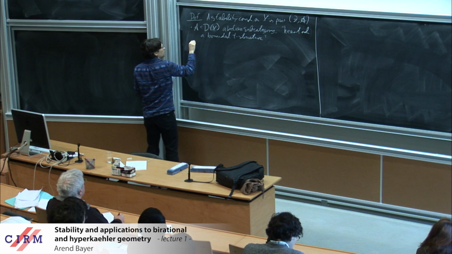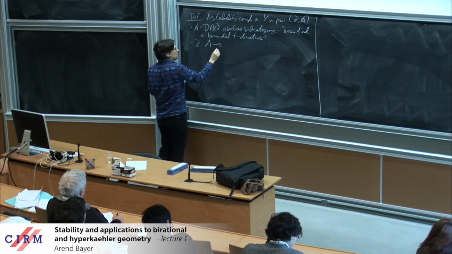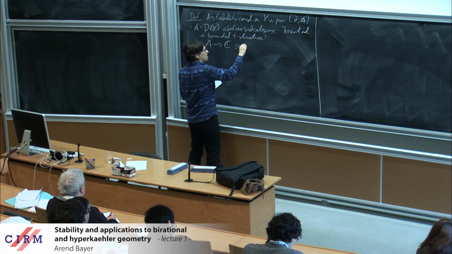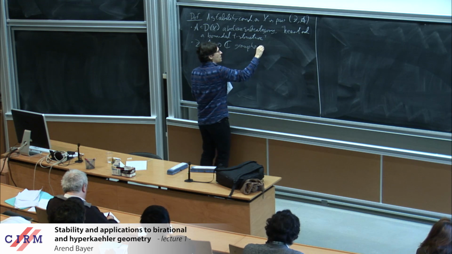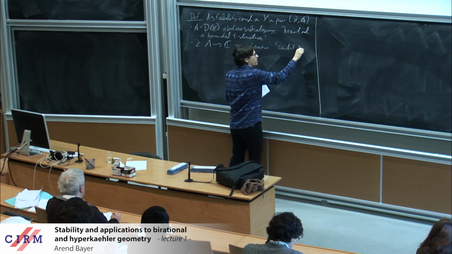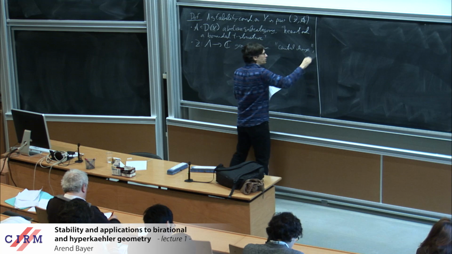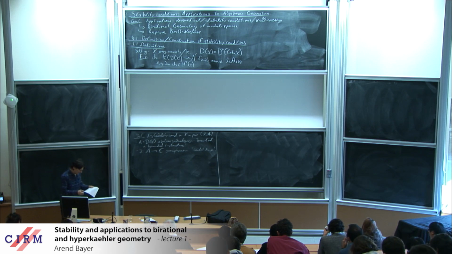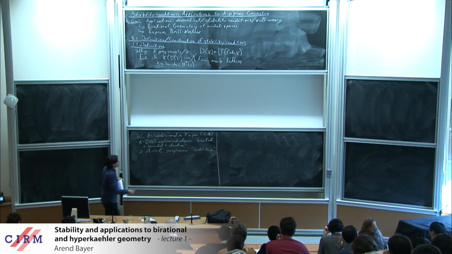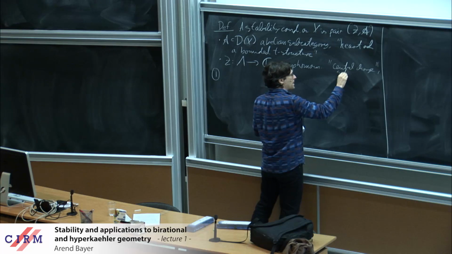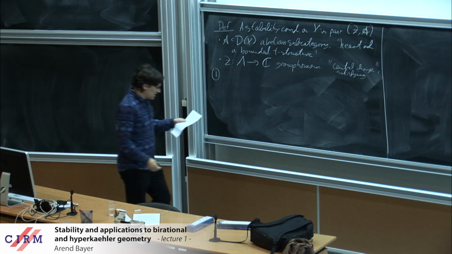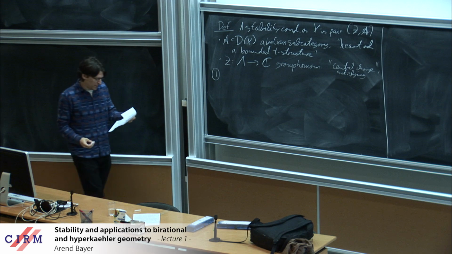And Z is a group homomorphism from Λ to the complex numbers, which is called the central charge. Okay, so this is the entire data, and they have to satisfy the following three conditions. The first one is, in a sense, the most important one.